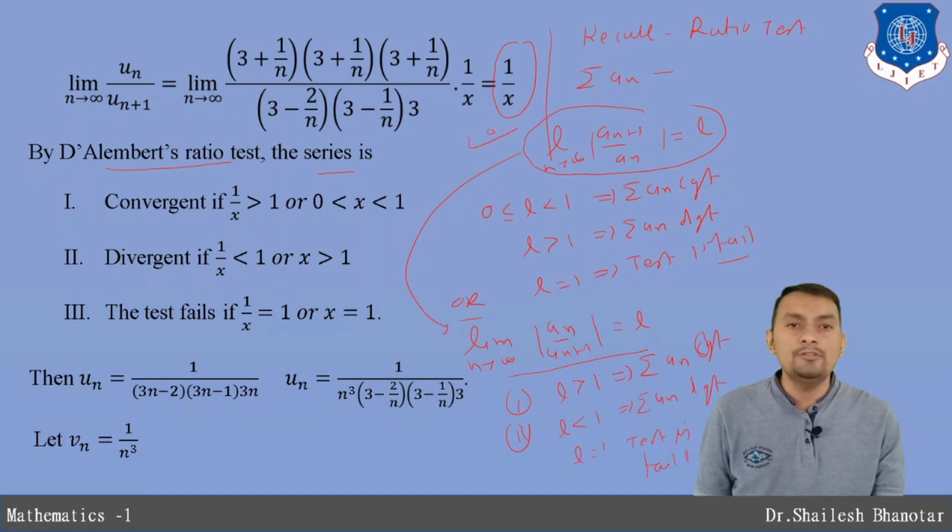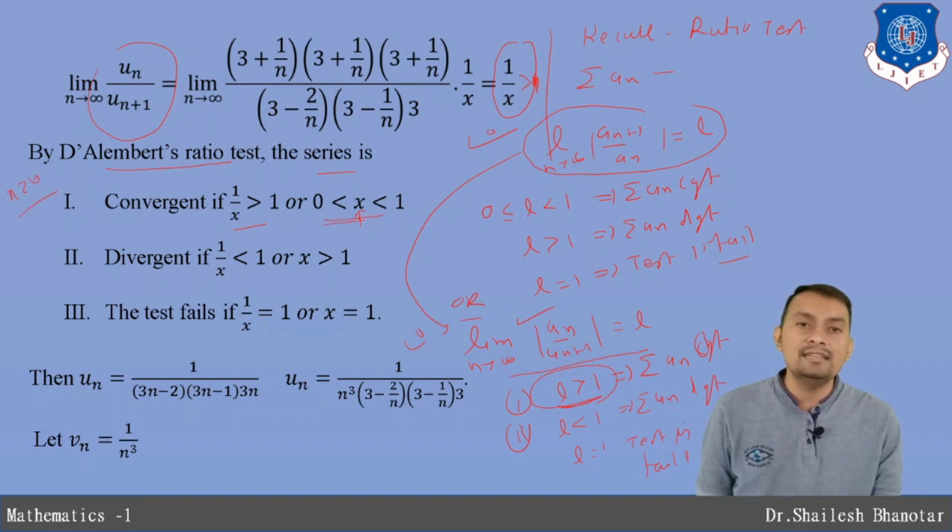So you can also apply this one, but here we have just assumed this, and I have noted that L is nothing but 1 by x, and the series is convergent if this quantity is greater than 1. But when we take its reciprocal, it is going to be x less than 1, and x is always greater than 0 because the given question says that x is positive.